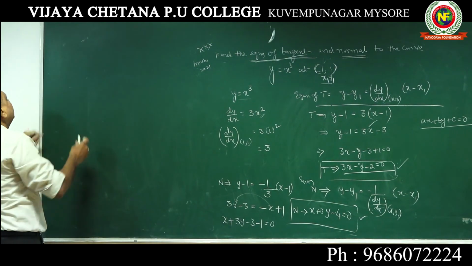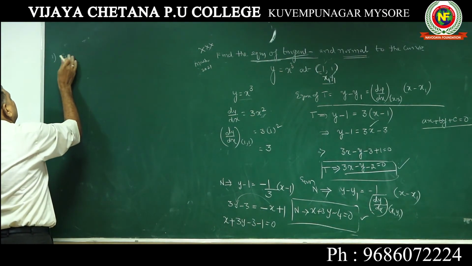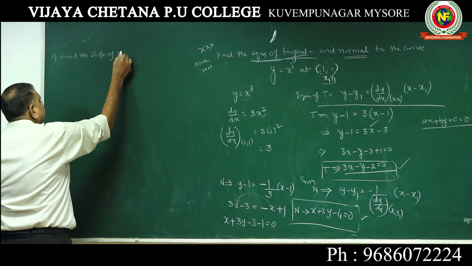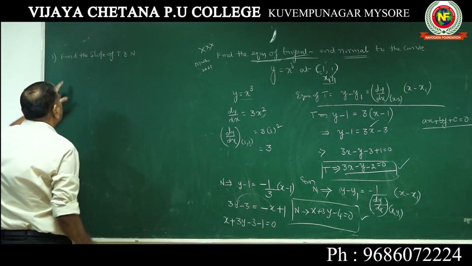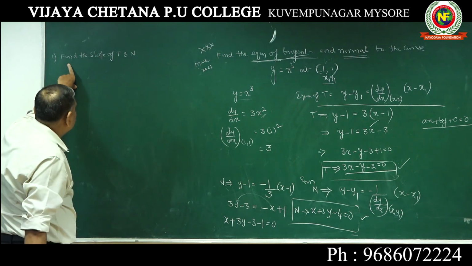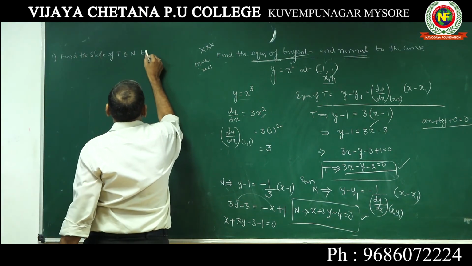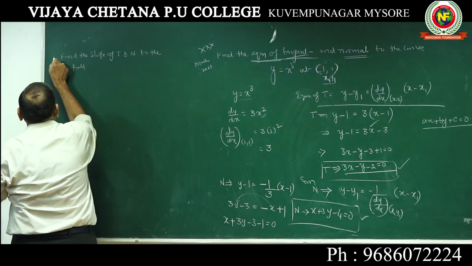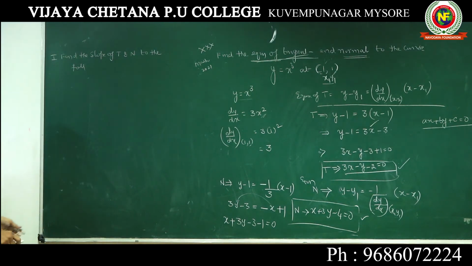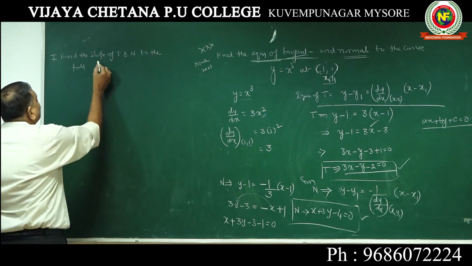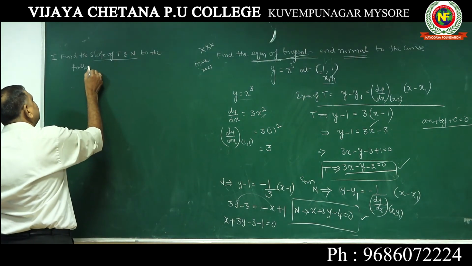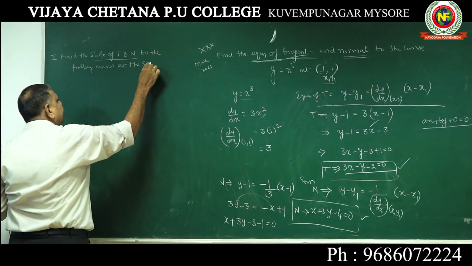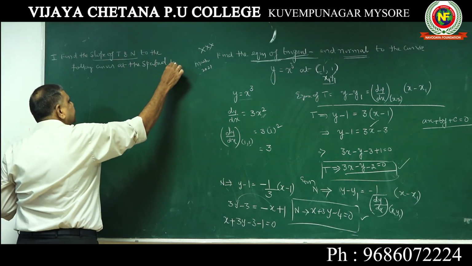A few problems to practice. First one: find the slope of tangent and normal to the following curves at the specified points given below.